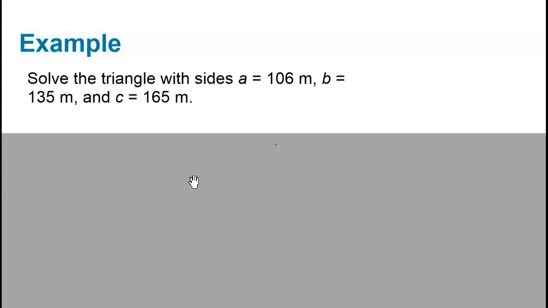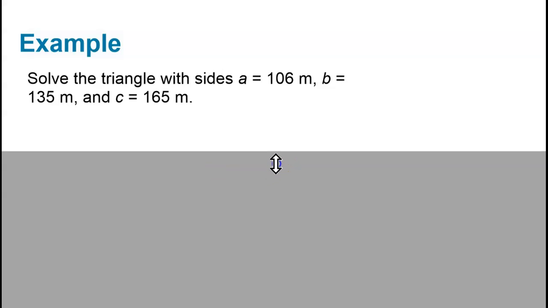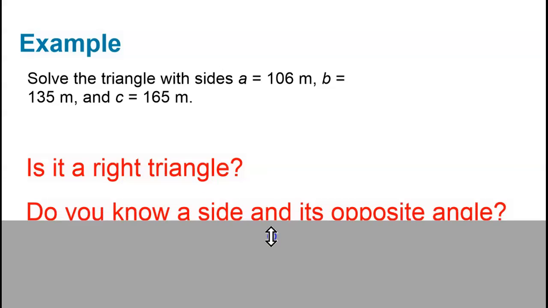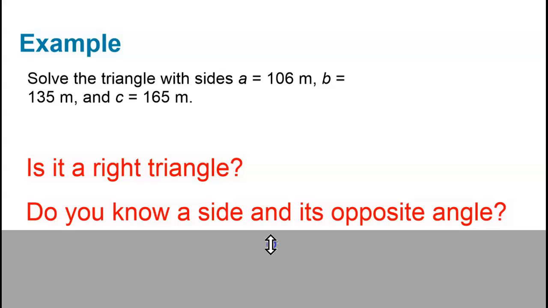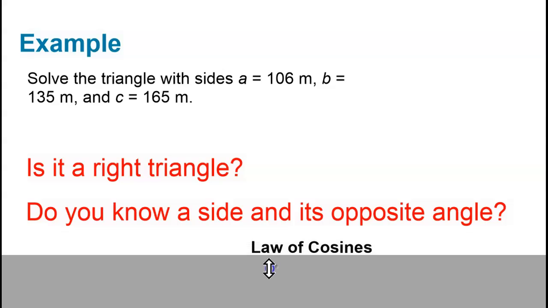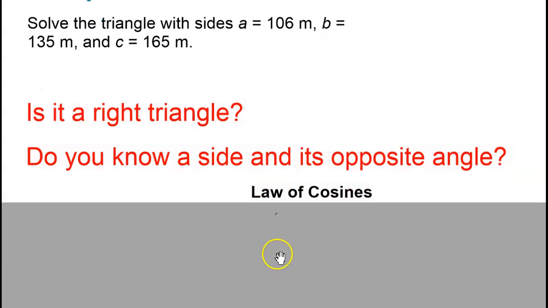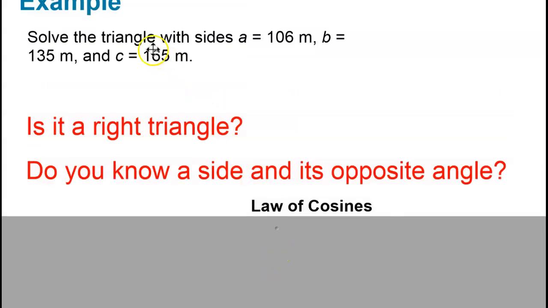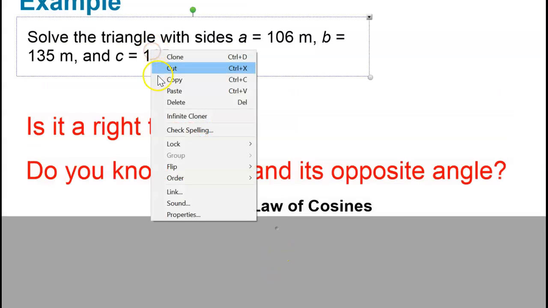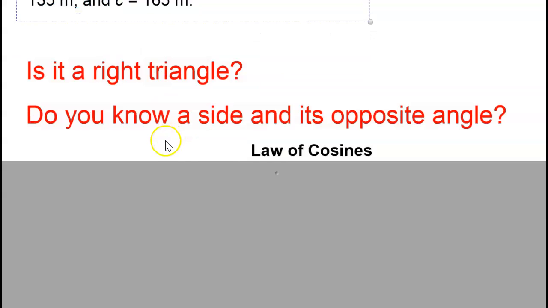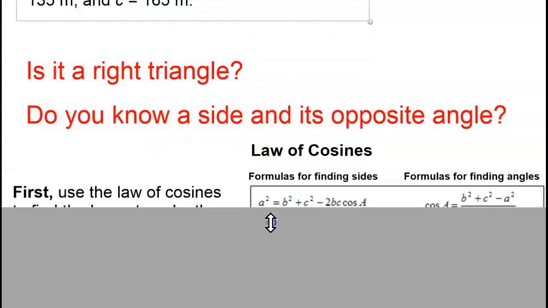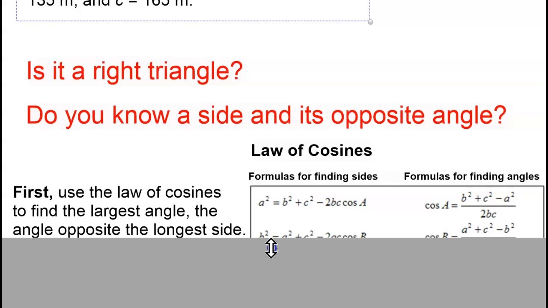But you do know that case 4, the law of cosines, says that you can use the law of cosines to figure this out. So following the flowchart, it's not a right triangle that you know of. You don't know a side and its opposite angle, so you're forced to use the law of cosines.